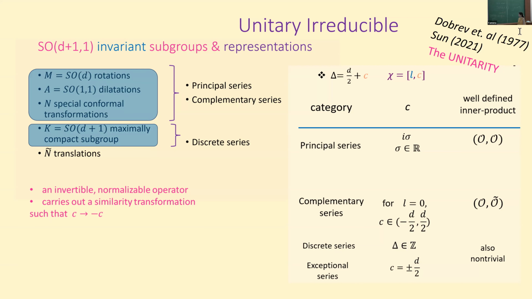Also, maybe that goes through with discrete series, but not with the other series, because you can identify the translation and special conformal transformation generators to raise and lower the value of Δ by integers. And is there a lowest?